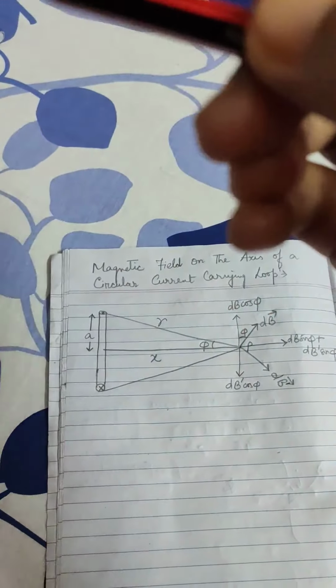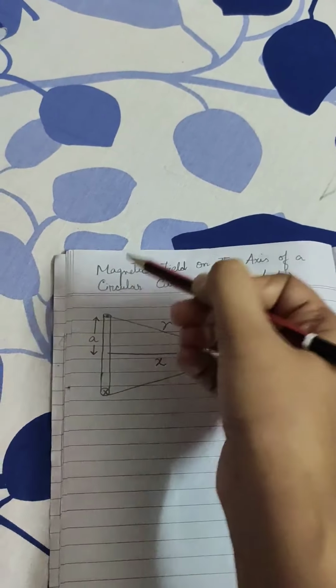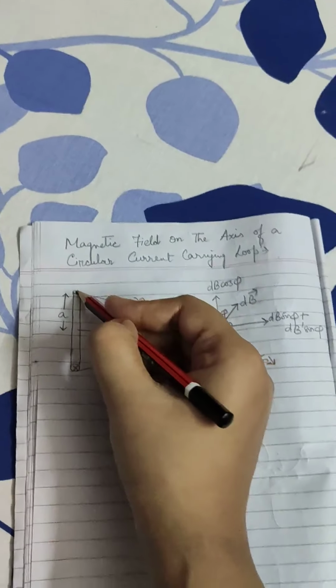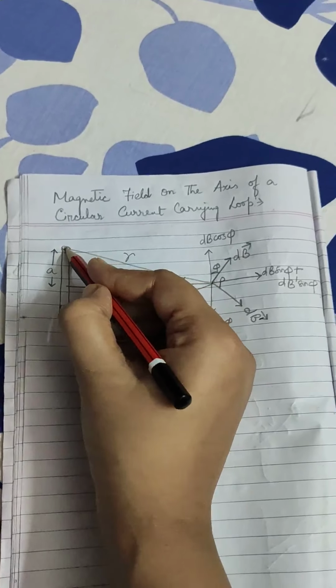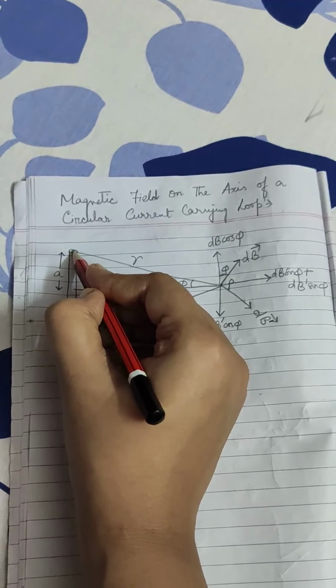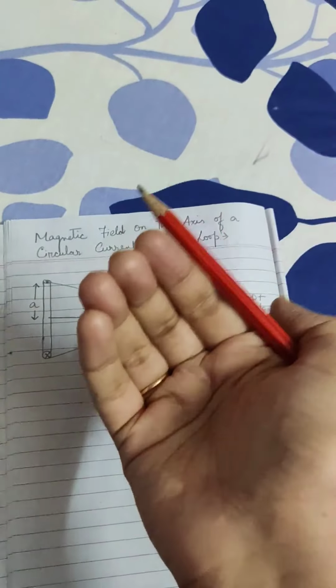Here it is coming out, and dl and I being in the same direction, dl is perpendicular to the plane of the page and outwards.